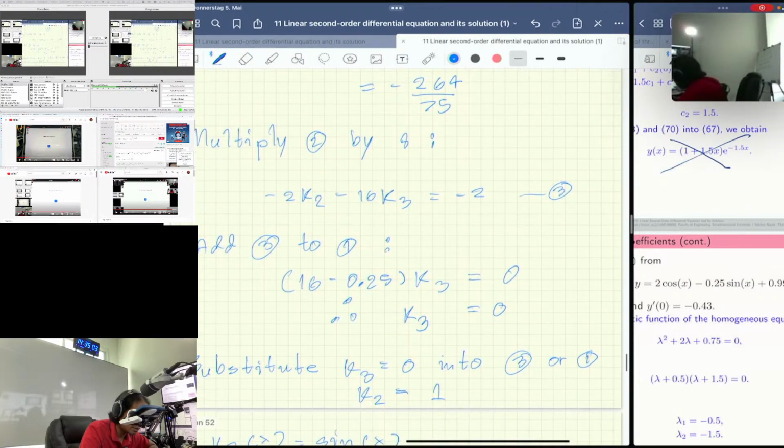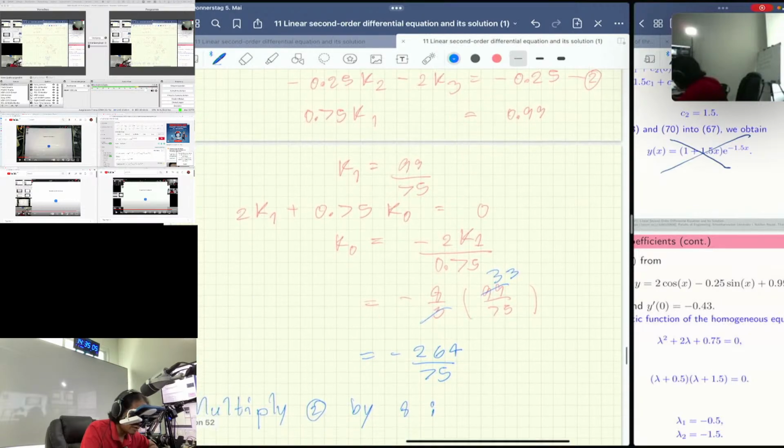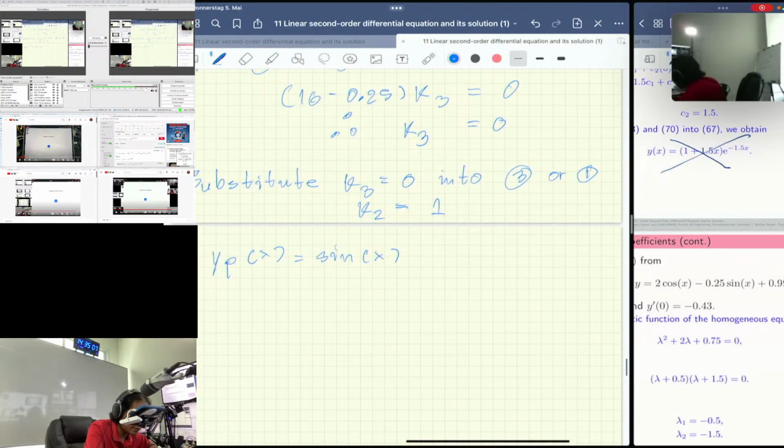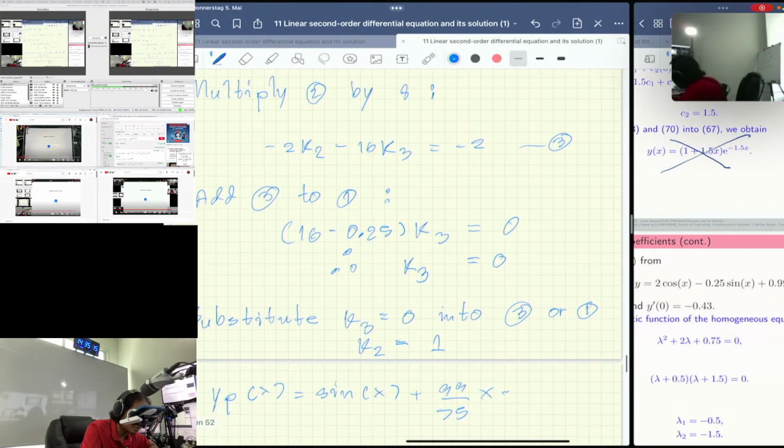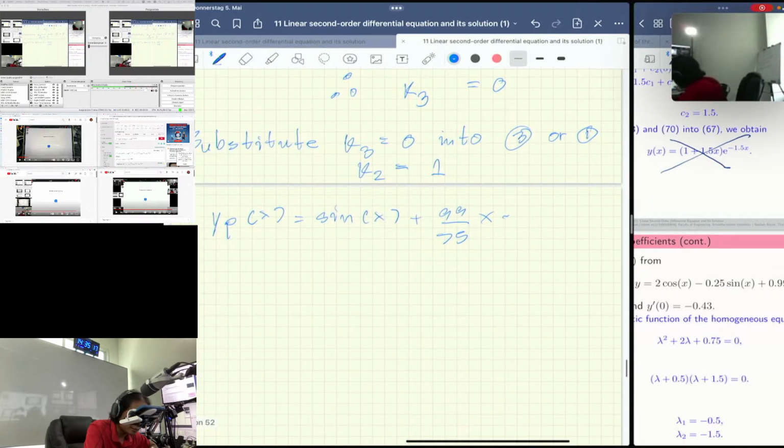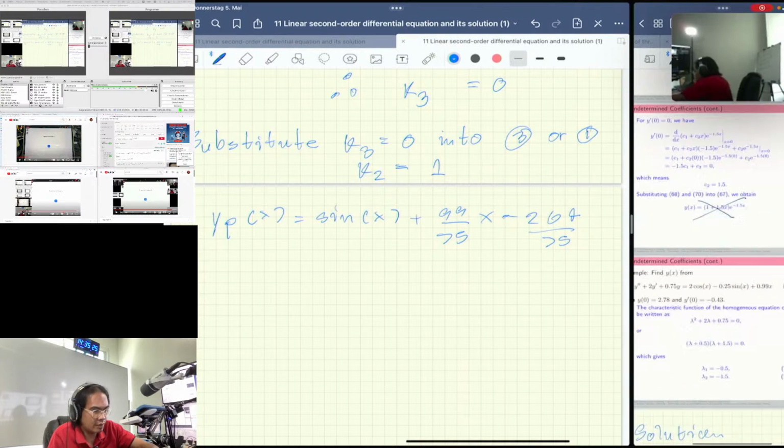K1 is 99.75 plus K0, K0 is negative 264.75 divided by 75. Okay. And after that, I'm not sure whether it's correct or not.